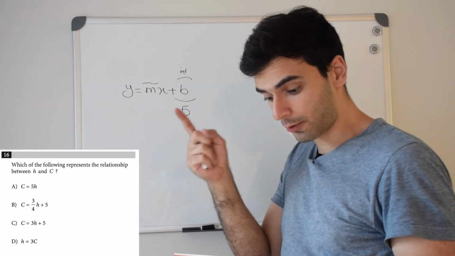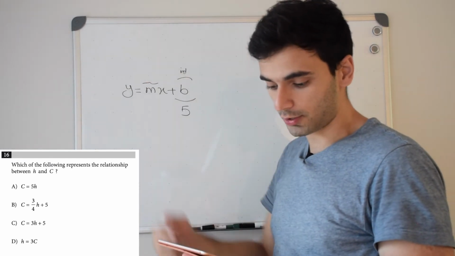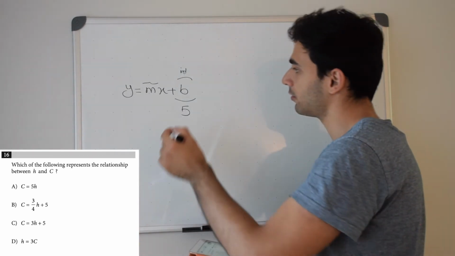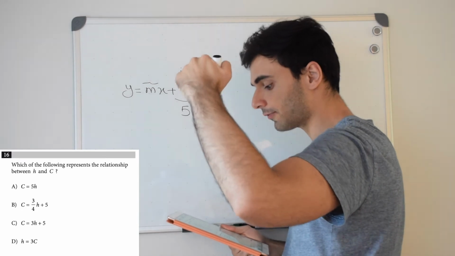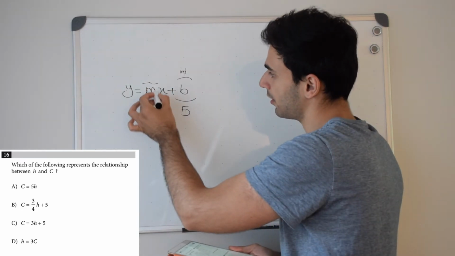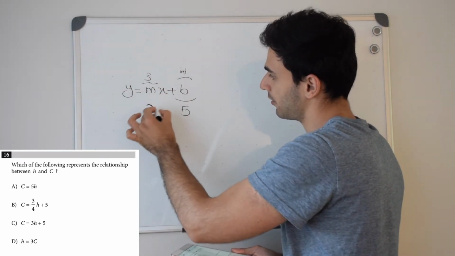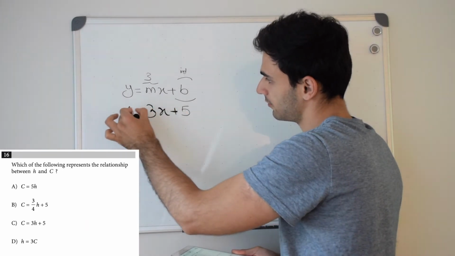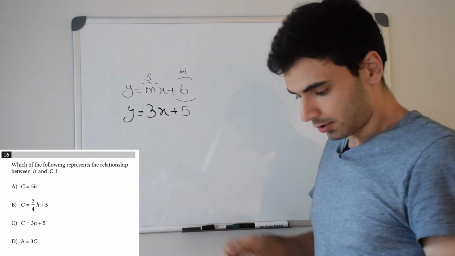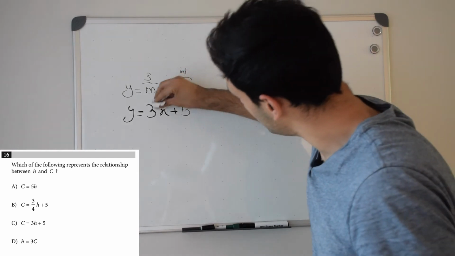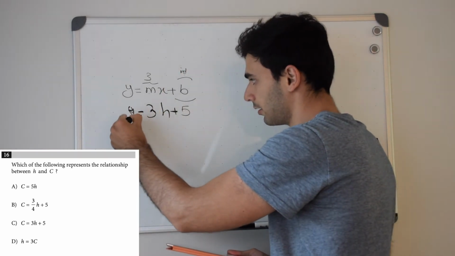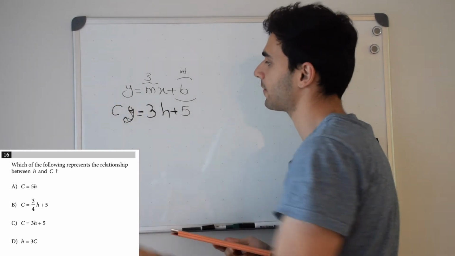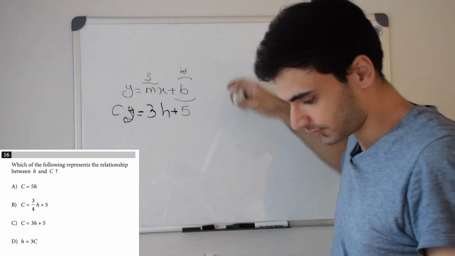After 1 hour, it goes from $5 to $8. So 3 is going to be our slope, so 3x. Instead of x here we have h, instead of y here we have c. So c will be equal to 3h plus 5.